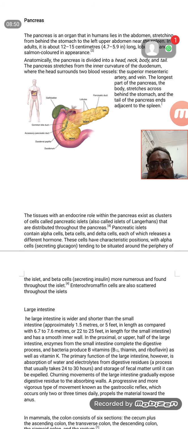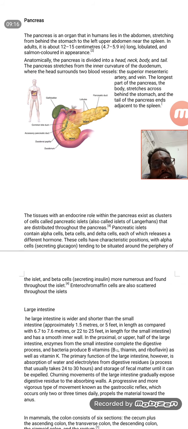These alpha cells secrete glucagon. Glucagon is a hormone which has the capacity to convert glycogen into a useful product, that is glucose 6-phosphate. When the glucagon is released from the pancreas, it goes and gives the signal to the liver. Inside the liver, the glycogen will be converted into glucose 6-phosphate.